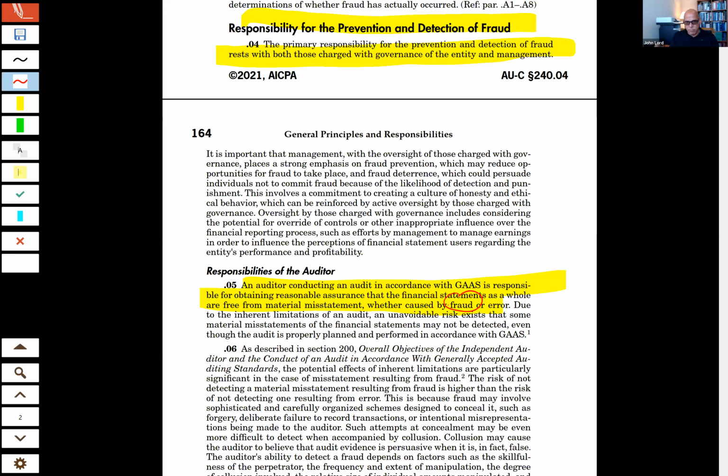Sarbanes basically made sure that entities know that they're going to be civilly and criminally liable for fraudulent financial reporting.